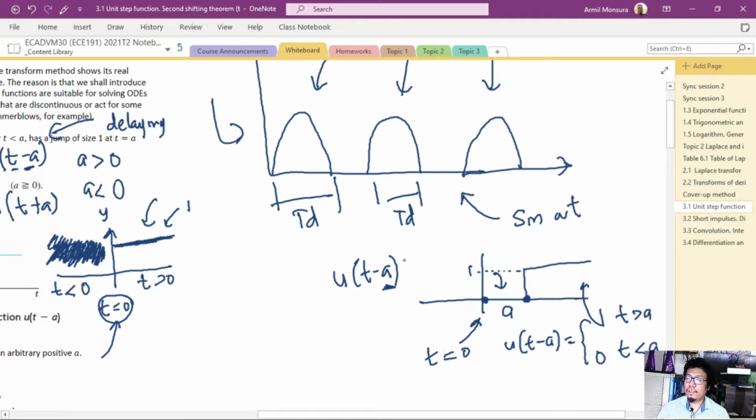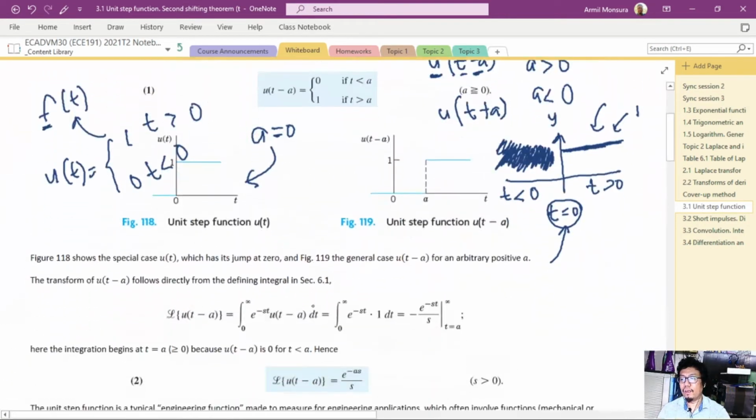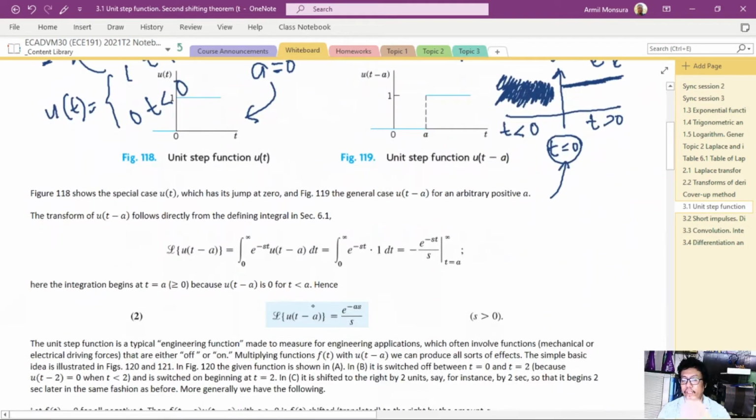Now, let's talk firstly about its Laplace transform. Here is the Laplace transform of the delayed unit step signal.